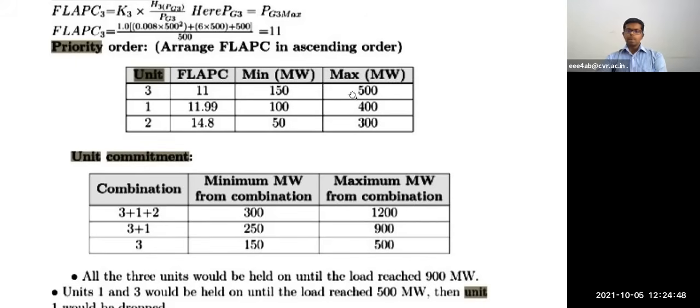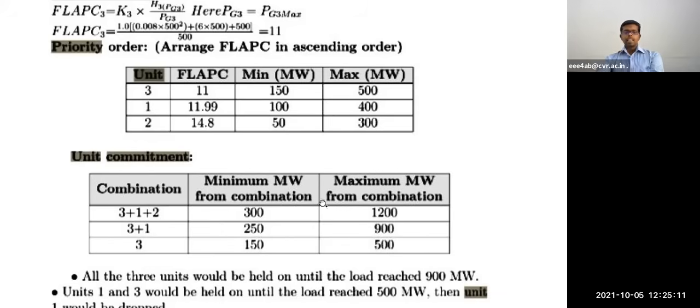Say for example, the demand is given as only 500 megawatt. Within this 500 megawatt, you can simply manage a 400 megawatt demand also. You can simply manage a 300 megawatt demand also. Okay, because at maximum we are generating 500 megawatt.